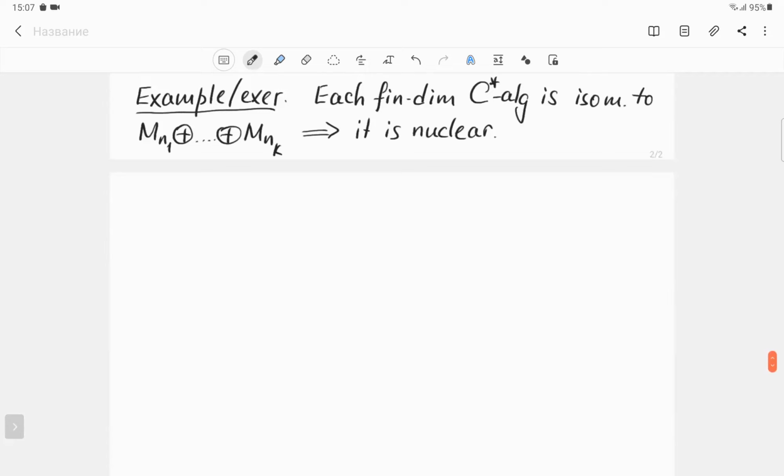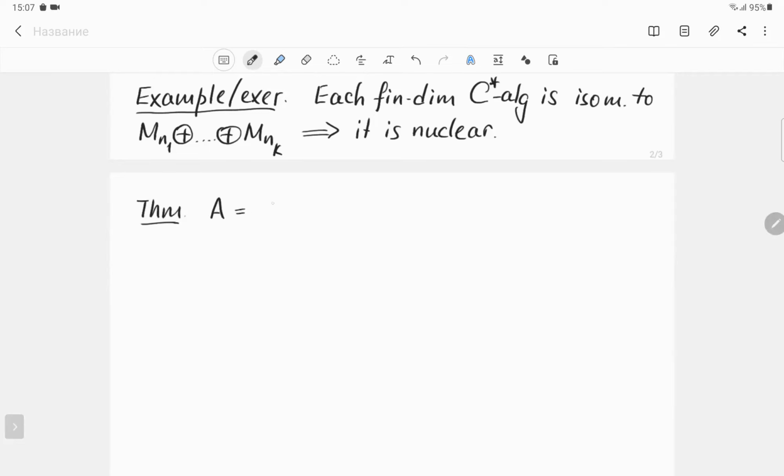Well, now how about infinite dimension examples? We have the following general theorem, which says roughly that if a C-star algebra can be approximated by nuclear C-star subalgebras, then it is nuclear. More exactly, the result is the following.